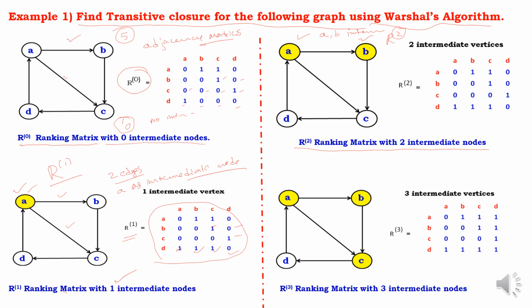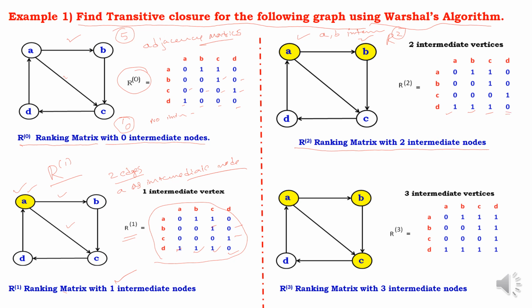Then C to A, no. C to B, no. C to C, no. C to D, yes. Then D. From D, you can have two intermediate vertices. D to A, there is an edge. D to B, yes, A can be an intermediate. Then the next one is B, there is an edge. Then D to C: D, A, B, C, or D, A, C, you can have it. Then D to D is 0, there is no vertex.